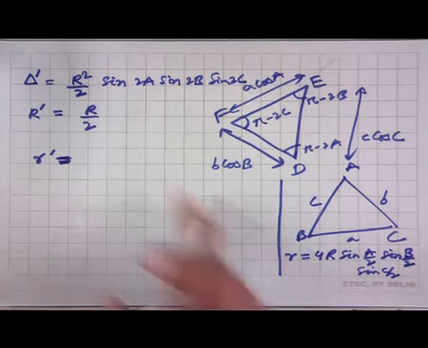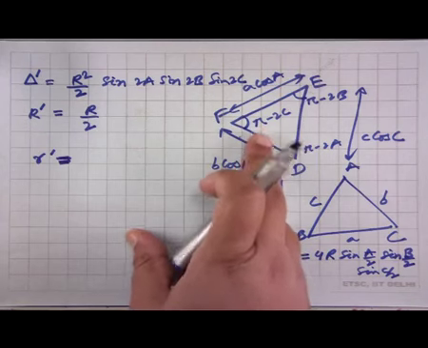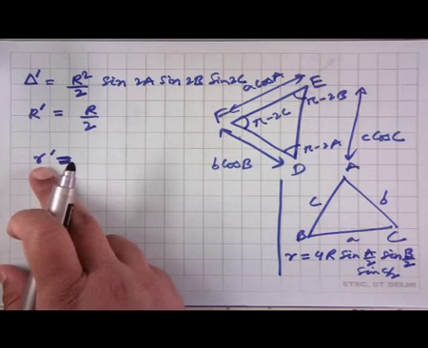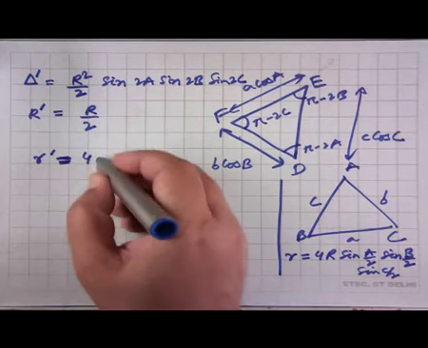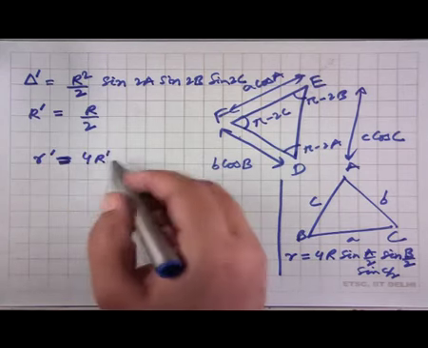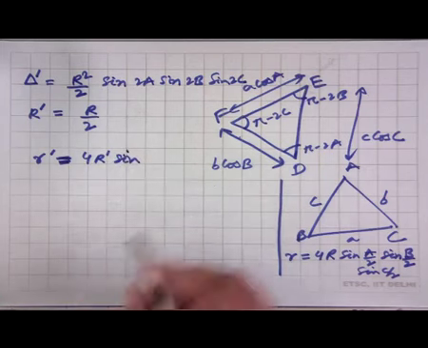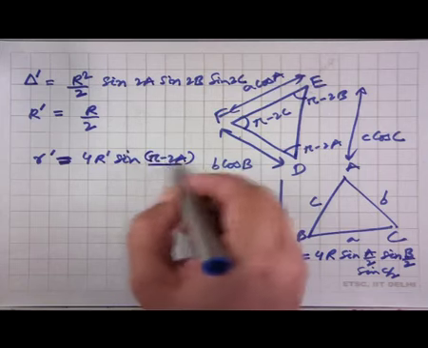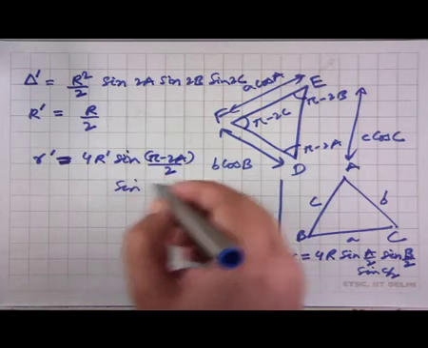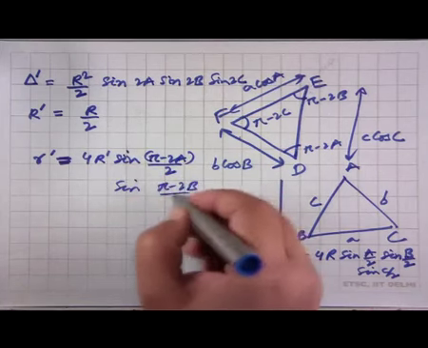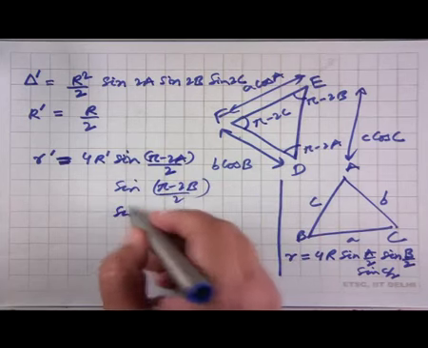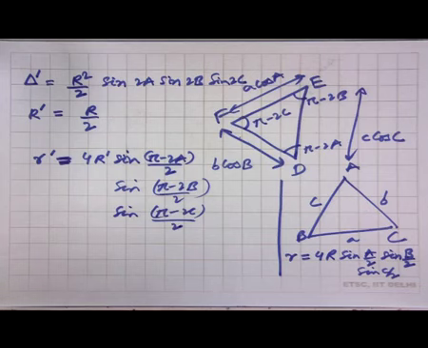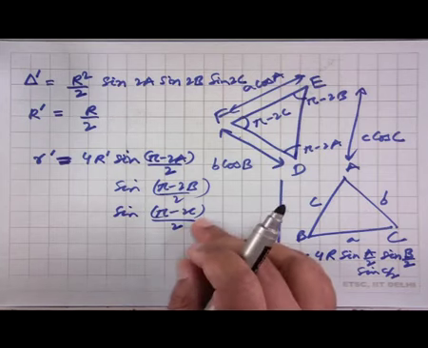So, applying the same formula to the petal triangle, we get the expression for the in radius of the petal triangle to be 4 times R prime times sine of half of the first angle, pi minus 2A, times sine of half of pi minus 2B, times sine of half of pi minus 2C.